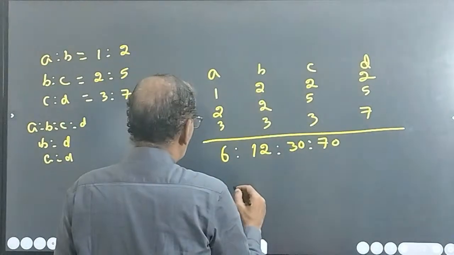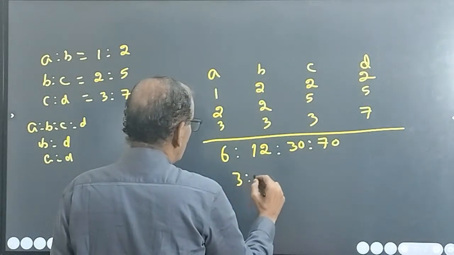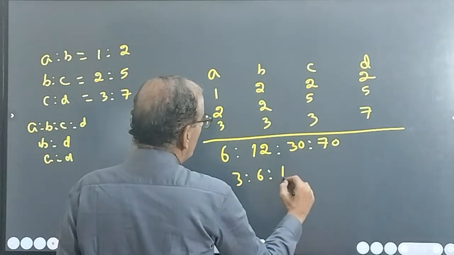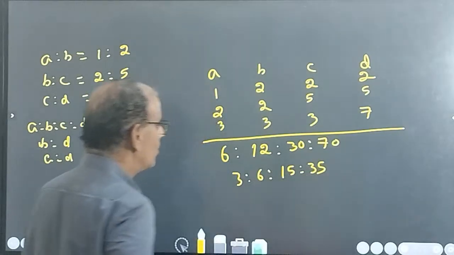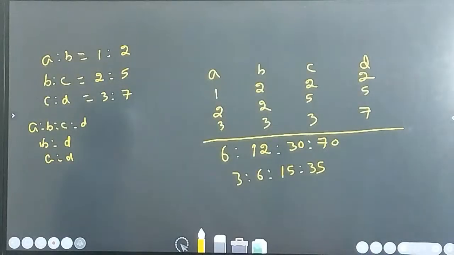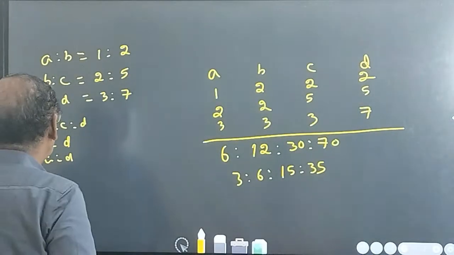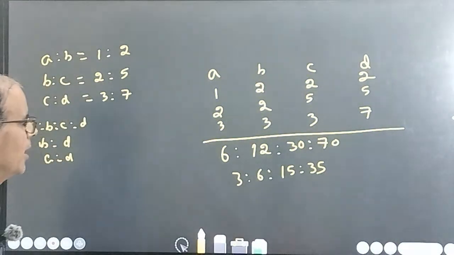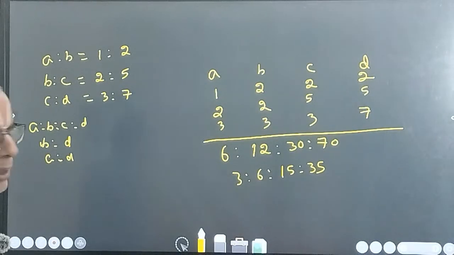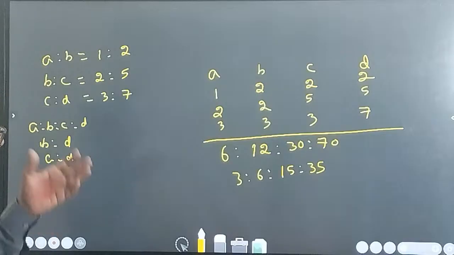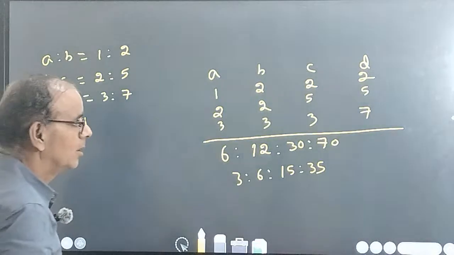That means I can simplify. 3 2s are 6, 6 2s are 12, 15, 35. I cannot simplify further. That means what is the value of A is to B is to C is to D? 3 is to 6 is to 15 is to 35. This is the answer. Okay, this you can do.